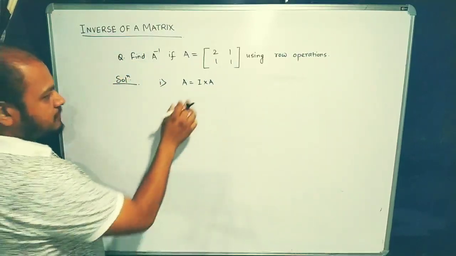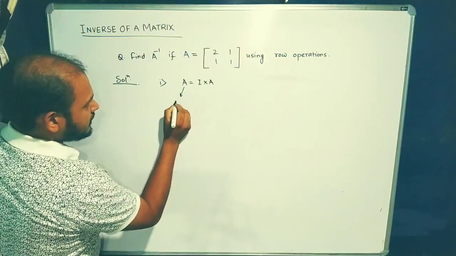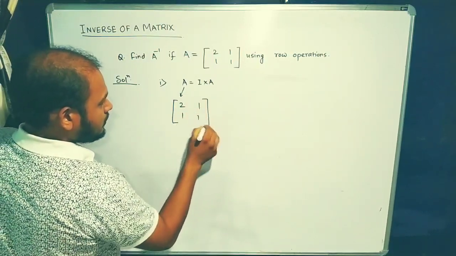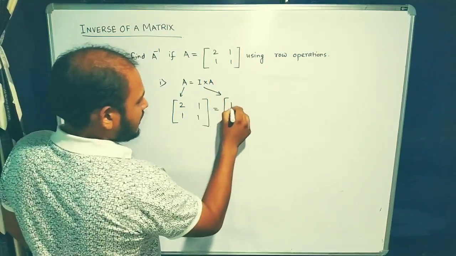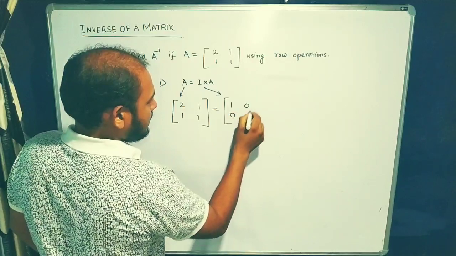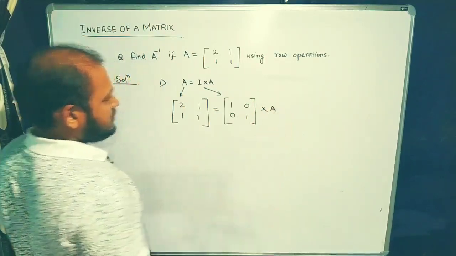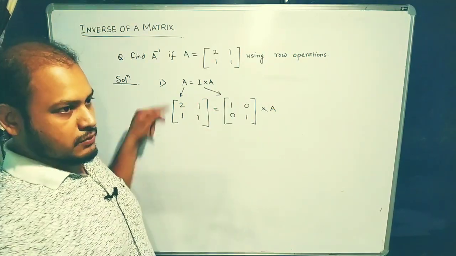So now after writing this equation, you put the value of A in this position. So putting the value of A, we have 2 1 1 1 equal to, put the value of I here. I is 1 0 0 1 multiplied by A. A you put as it is given. So now after putting this value, we are left with this matrix equation.